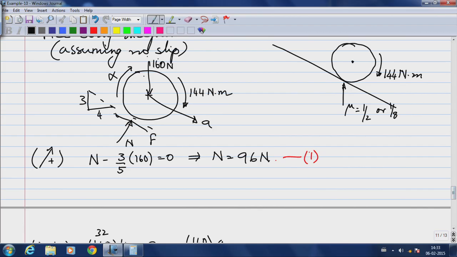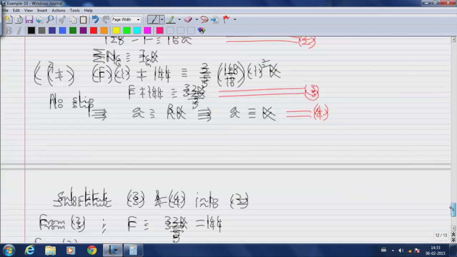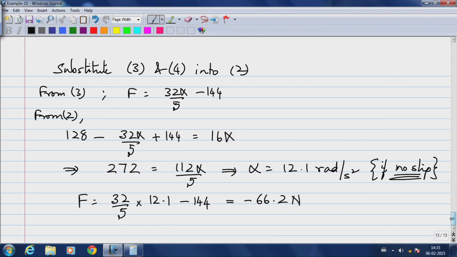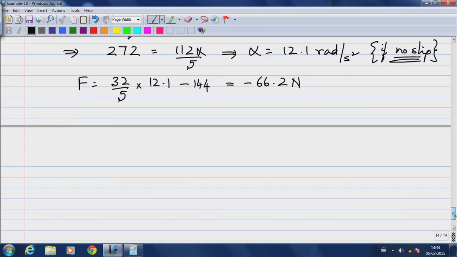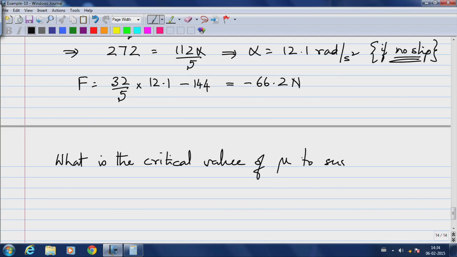Look at the free body diagram. The value of F has now come out to be negative, which means it is not really acting up the inclined plane, it is actually acting down the inclined plane, and its magnitude is 66.2 newtons. So, I ask the next question, what is the critical value of mu to sustain no slip motion?